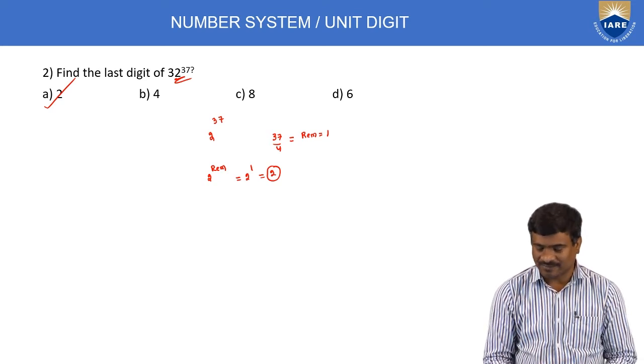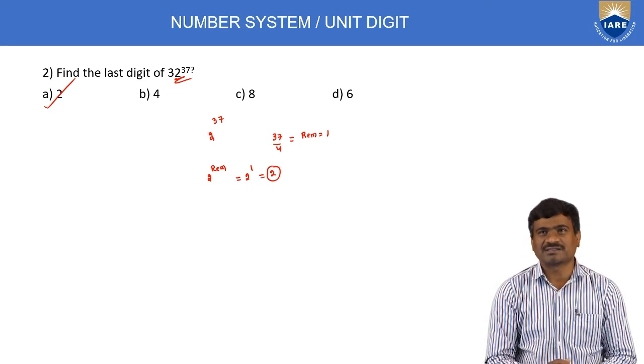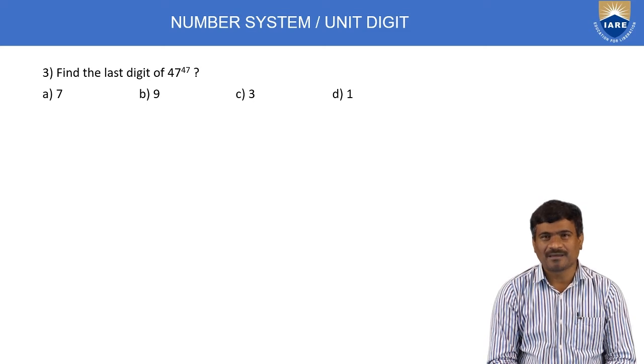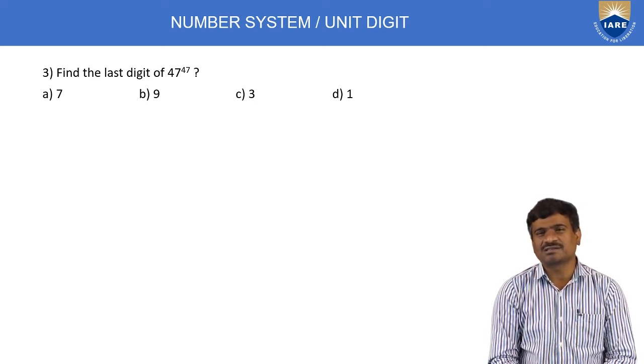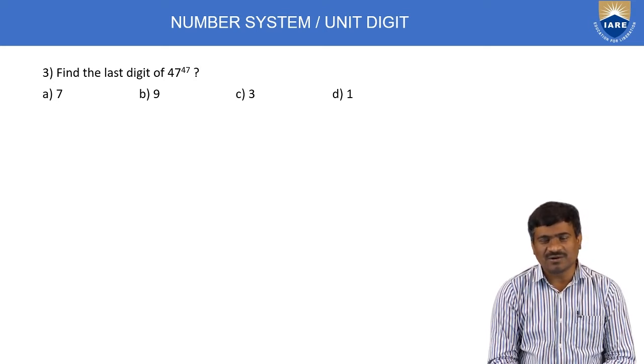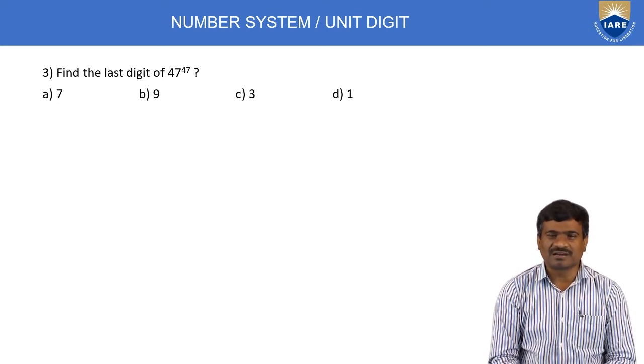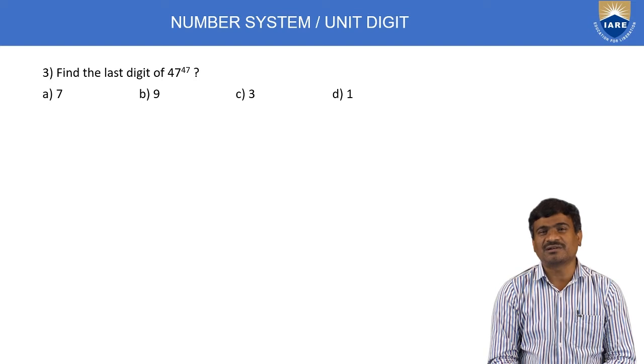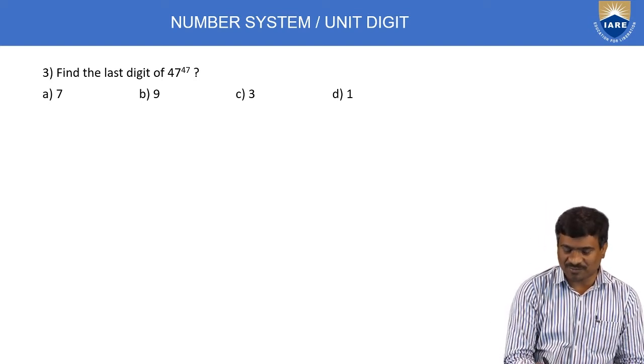Okay, right. Next, third example, number 3. Find the last digit of 47 to the power of 47. The unit digit property of 7 is 7, 9, 3, 1, cyclically repeated, and the power is divided by 4.